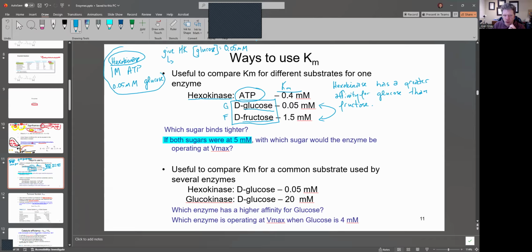So you're giving hexokinase 1 molar ATP and 0.05 millimolar glucose. It needs ATP and glucose to catalyze the reaction. Will it catalyze the reaction, Y or N? Not asking about rate or anything yet, but will it catalyze the reaction? Yeah, totally. It needs those two things, and you give it those two things. Okay.